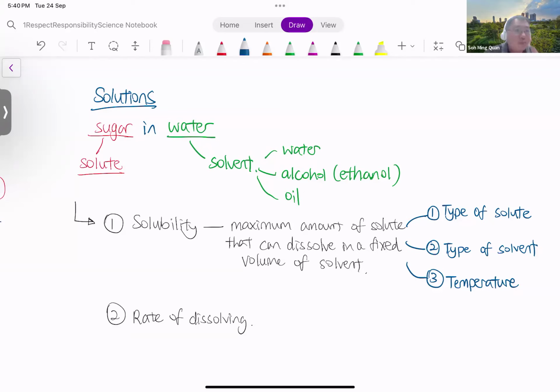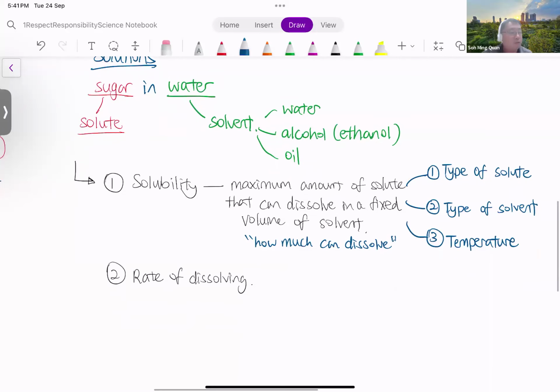So you take note, solubility is about amount, how much can dissolve. There's nothing here about time. It's not about how fast, it's about how much, that's solubility. So now we move on to the last concept, which is rate of dissolving.